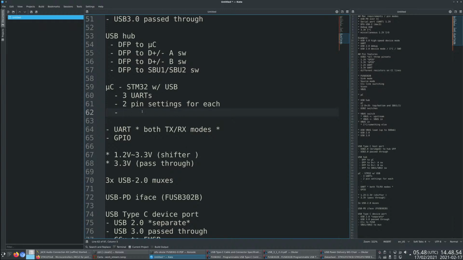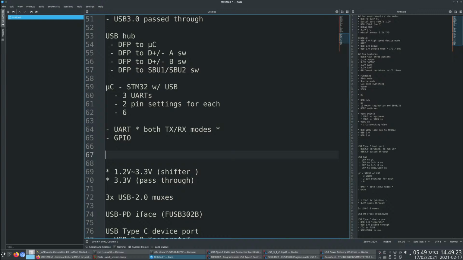So let's give you UARTs, and then these are also GPIOs, and then we're going to need just another 6 GPIO pins for controlling the direction lines on the shifters. And that also means we can probably get away without even a multiplexer here, because, well, actually no, we do need that to switch the UARTs between the 2 modes. Sorry. So there's going to be at least another multiplexer on the other end. Let me think about this for a second. Yeah, we need that. So we need another 3 muxes here. The muxes could be on either side, right?